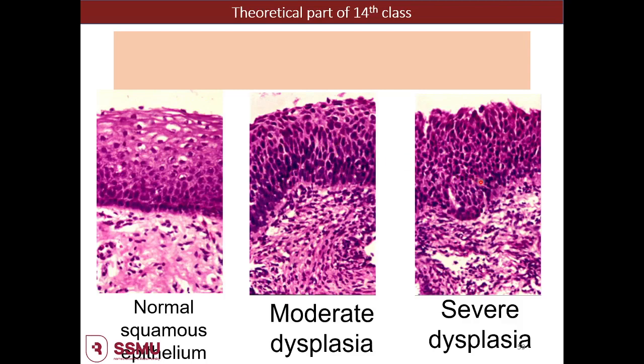In case of deep dysplasia, we can't find any layers of these cells, and they grow without any structure. They grow in any way.